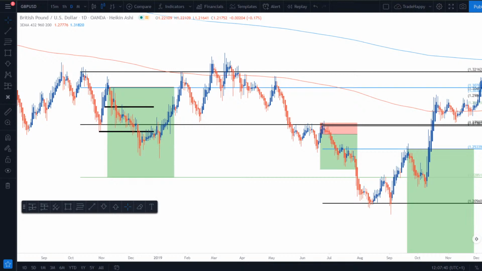Because the more you learn about a specific thing, the better you'll be at it. And considering that 95 to 98% of retail traders lose money, why continue doing what everyone else is doing? You need to be doing the opposite of what the majority of traders are doing. And what are the majority of traders doing?